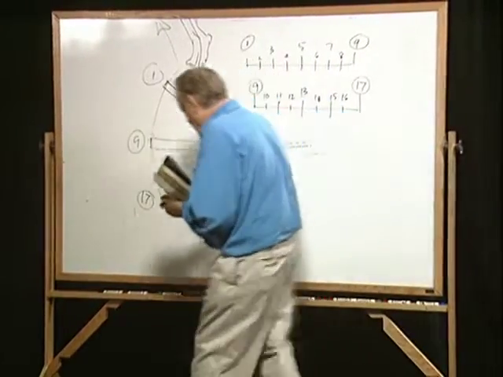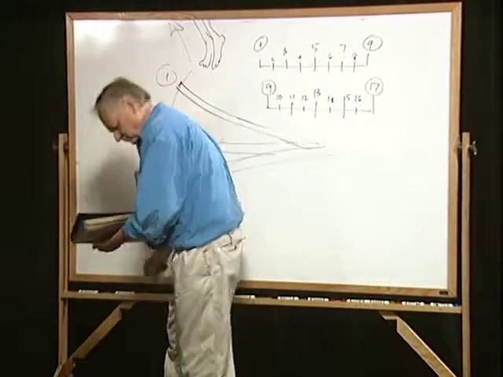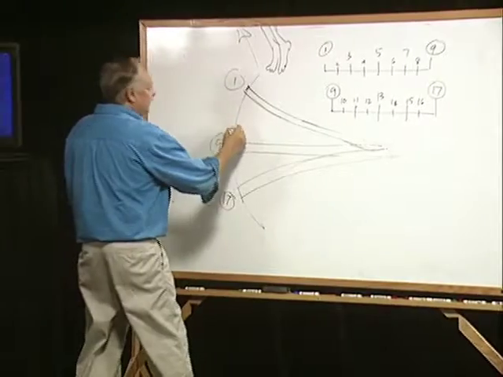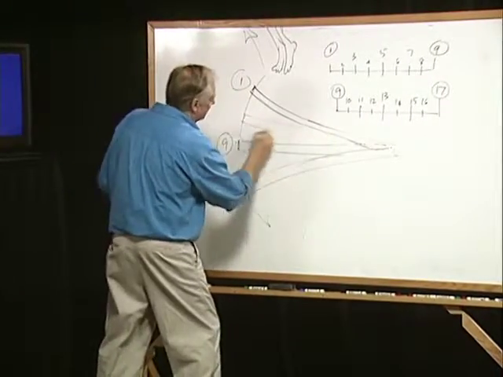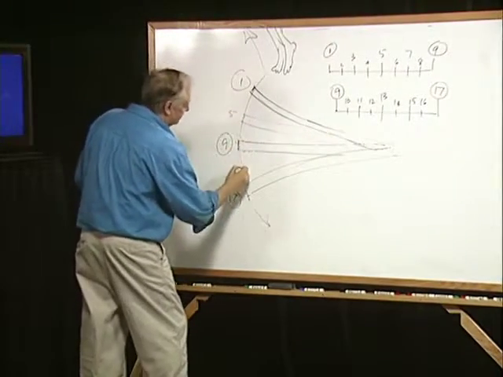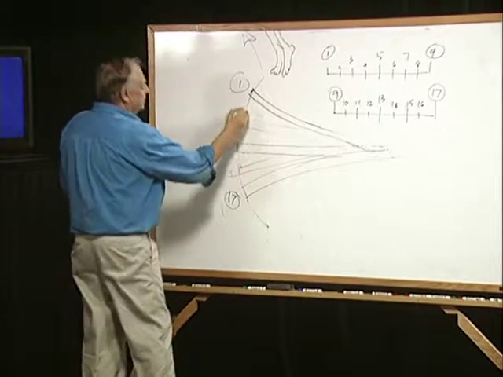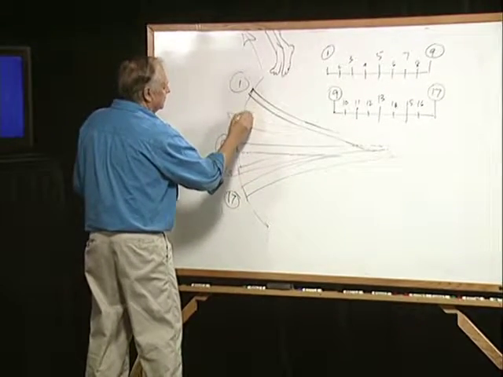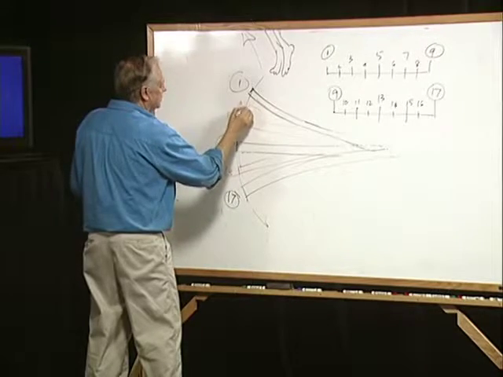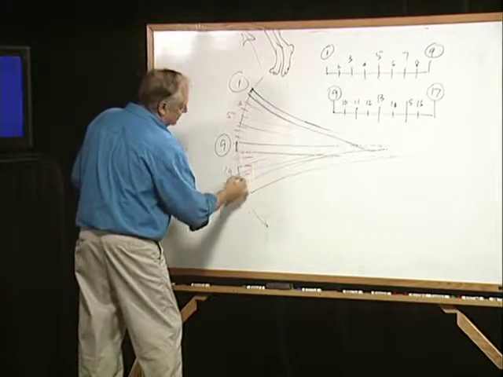And all that happens is you just put them in. Number 5, the passing position's in the middle. 5, 13, 3, 2, and so on.